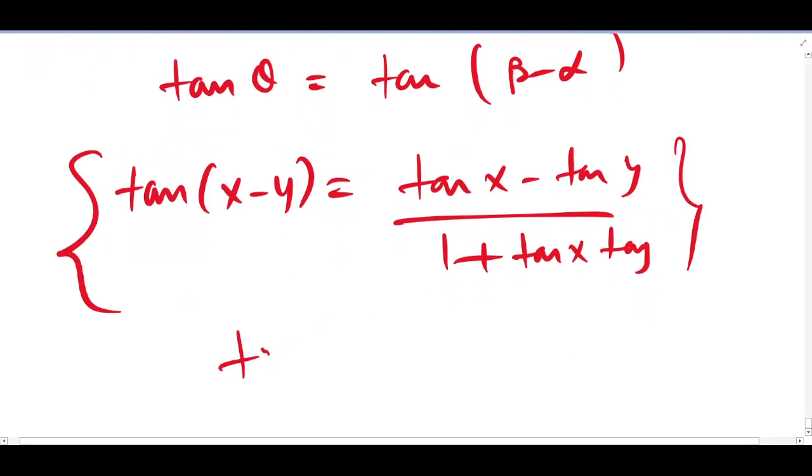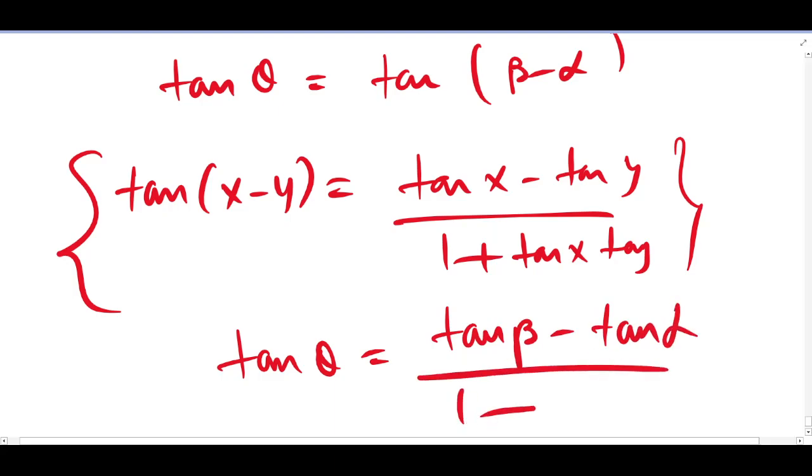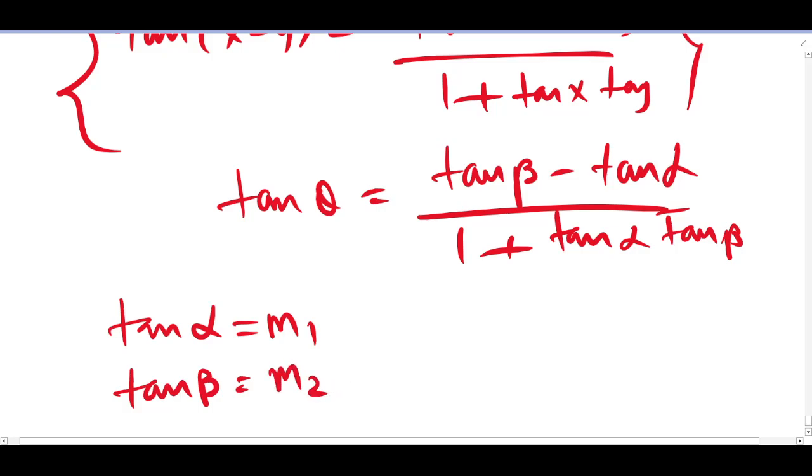So tan theta is equal to tan beta minus tan alpha divided by 1 plus tan alpha tan beta, where tan alpha is the slope of line L1, equal to M1, and tan beta is the slope of line L2, equal to M2.